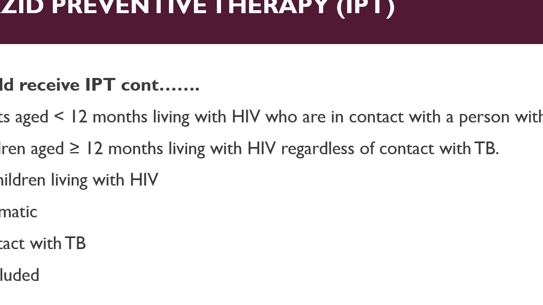The children more than 12 months of age living with HIV, regardless of contact with a TB patient, and all the children living with HIV who are more than 12 months of age, who may be asymptomatic, who are in contact with a TB patient, and in whom TB is excluded. So for the initiation of INH preventive therapy, we have to exclude tuberculosis.